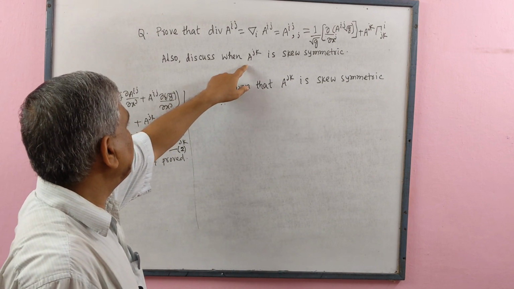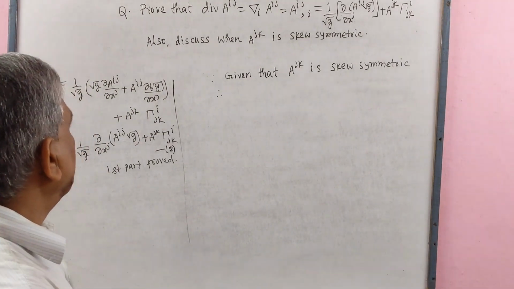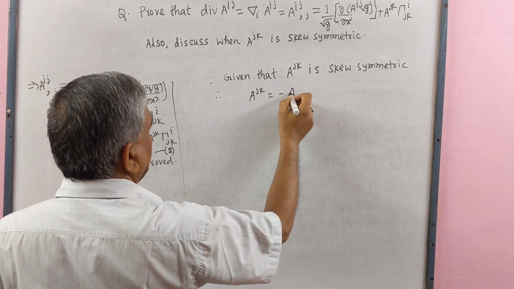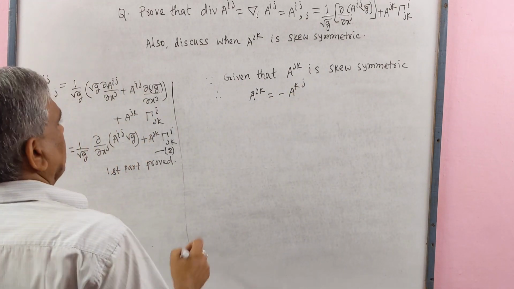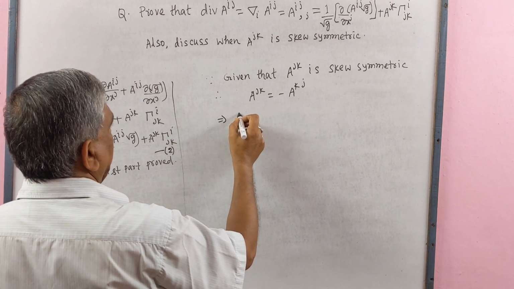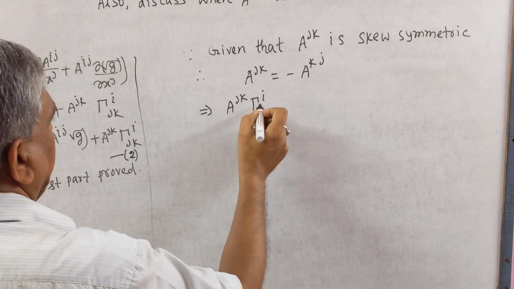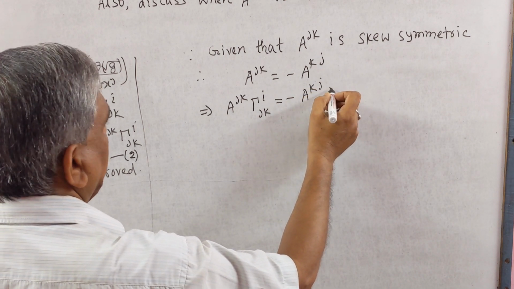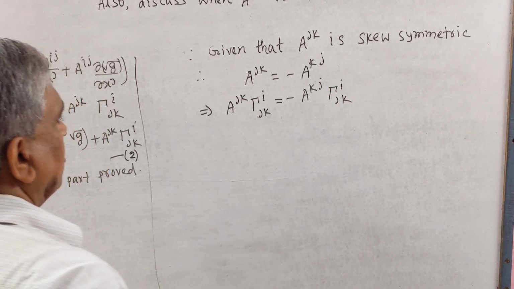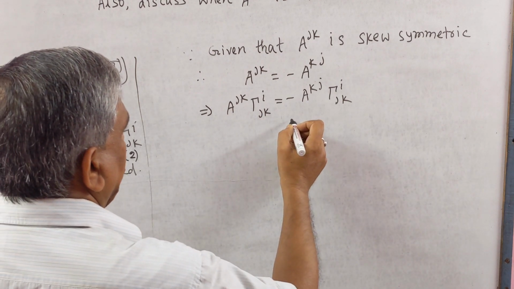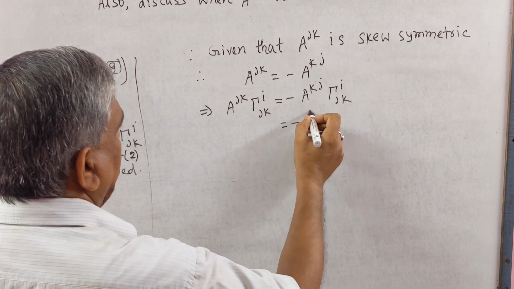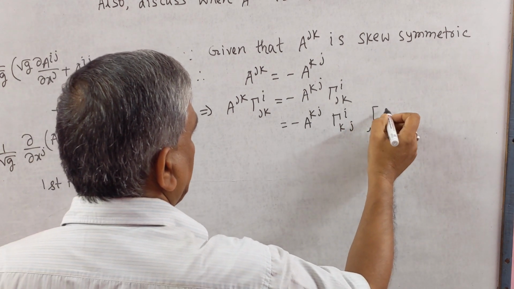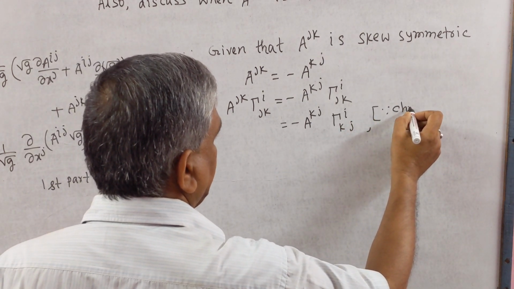Since it is given that A^jk is skew symmetric, therefore A^jk equals minus A^kj, which implies that A^jk Christoffel symbol of the second kind minus A^kj Christoffel symbol of the second kind equals minus A^kj {i, kj}, since the Christoffel symbol of the second kind is symmetric.